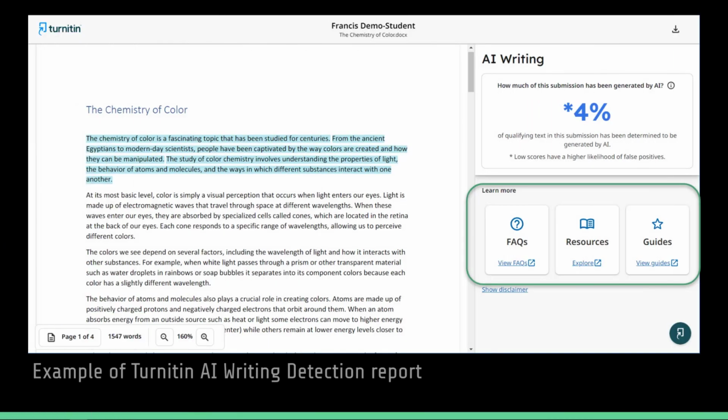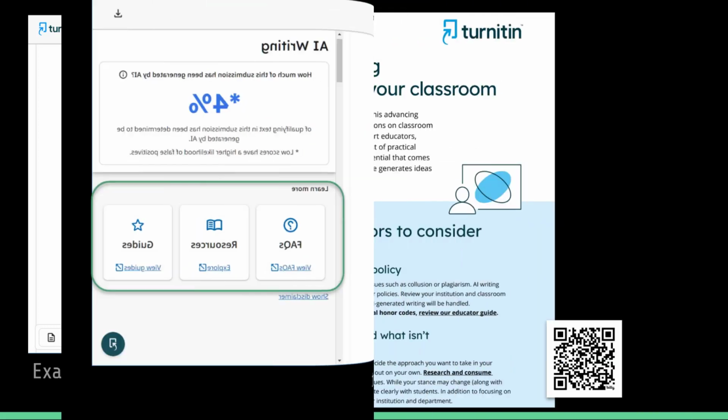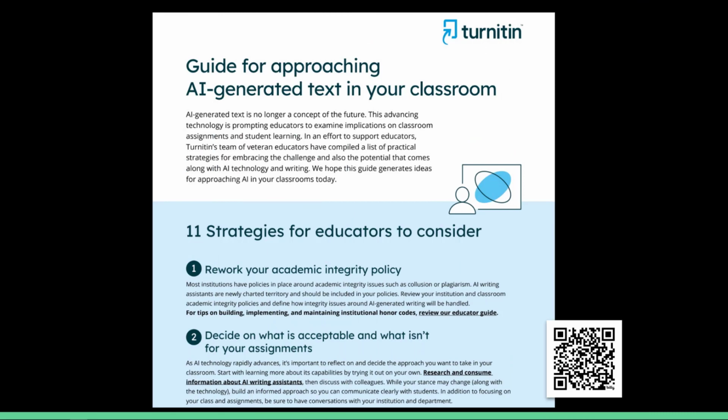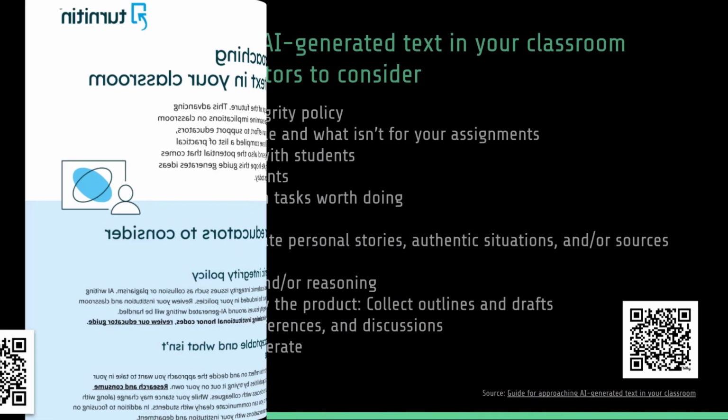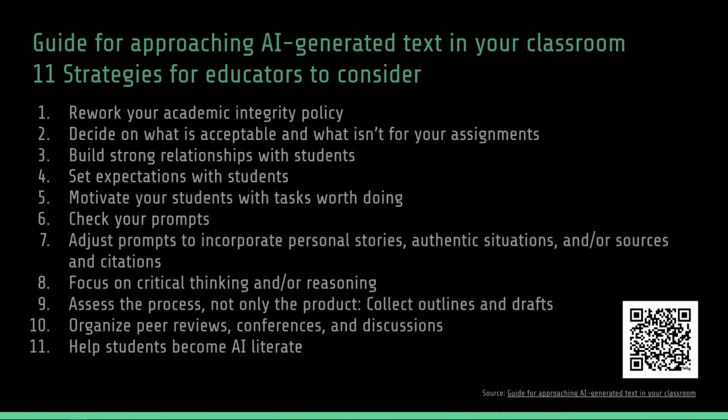You will find in Turnitin's AI writing detection report a section with some frequently asked questions, resources, and guides. One resource that you will find is this guide for approaching AI generated text with 11 strategies for educators to consider. There are strategies like reworking your academic integrity policy and deciding on what is and is not acceptable for your assignments, setting expectations and motivating your students by giving them tasks worth doing.